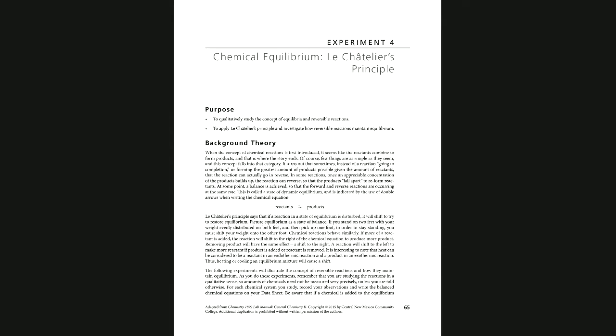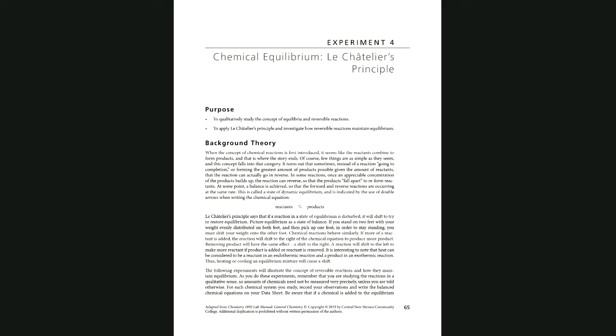Let's talk a little bit about the theory, what the experiment is, just enough to make sense out of what we are doing in this experiment. The experiment is Le Chatelier's principle, or chemical equilibrium. Based on Le Chatelier's principle, your reaction, first of all, must be at equilibrium. How do we know the reaction is at equilibrium?